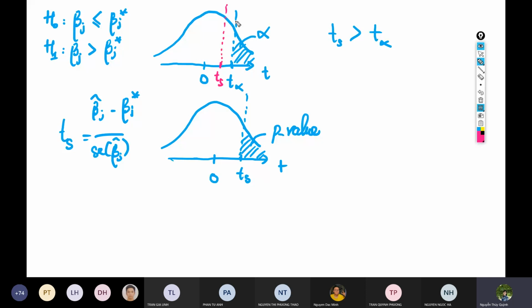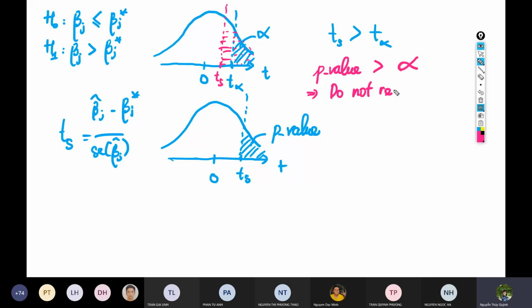What is the p-value compared to alpha? The p-value is greater than alpha. And in this case, do we reject H0? No, we do not reject H0.